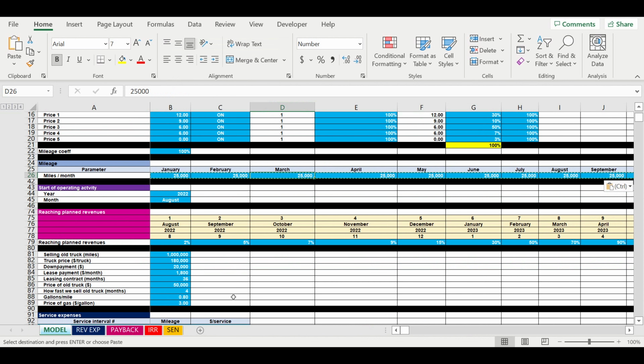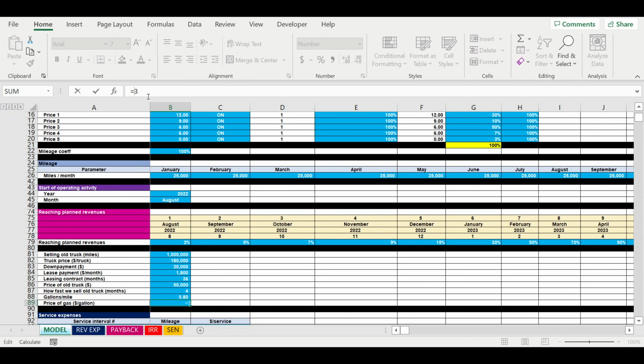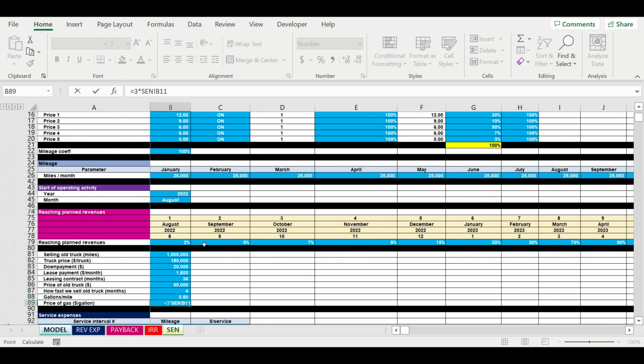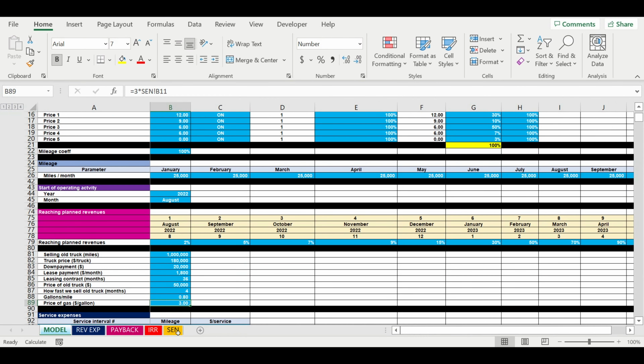So we don't have this coefficient added to mileage anymore. We can add this coefficient, for example, to the price of gasoline. So we'll do this. We will multiply it here, press enter. So now we have our coefficient added.